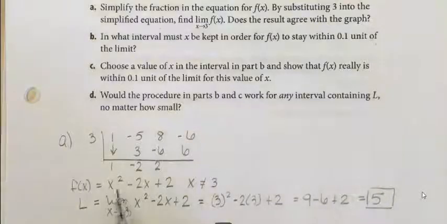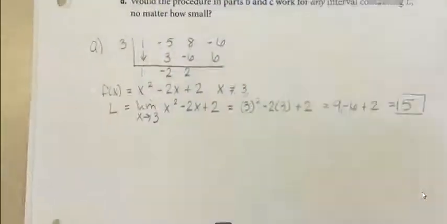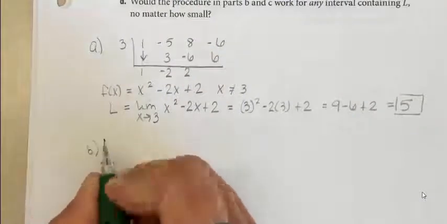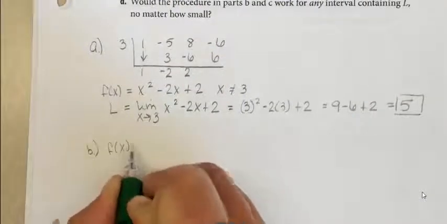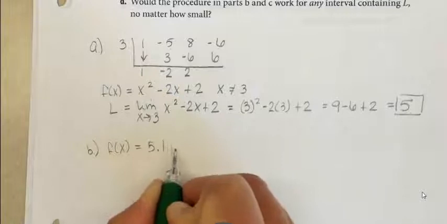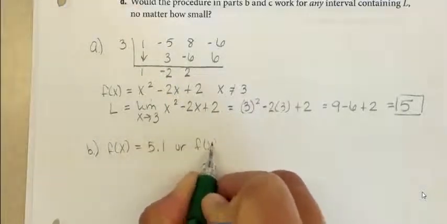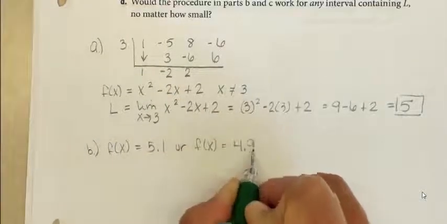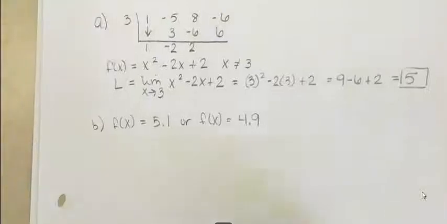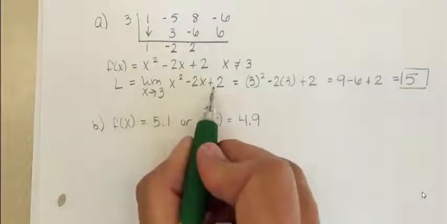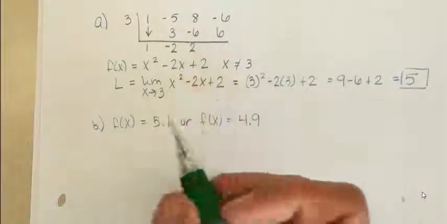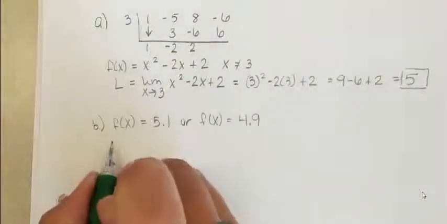So I'm going to take this function and set it equal to 5.1, or set it equal to 4.9. So I care where f of x is either going to be 5.1 or 4.9. I'm just going to take the simplified version of my function and set up 2 equations.